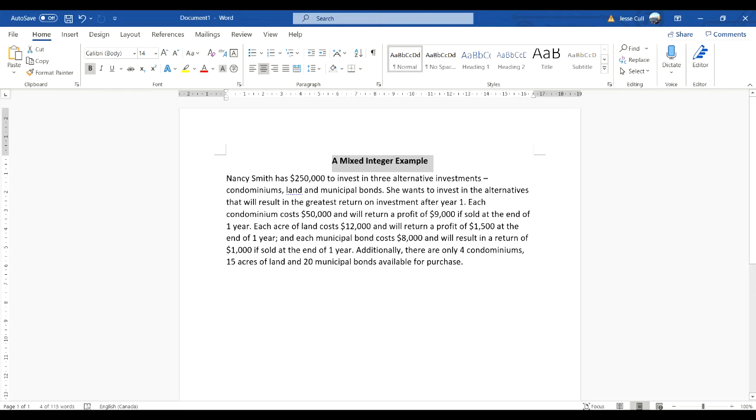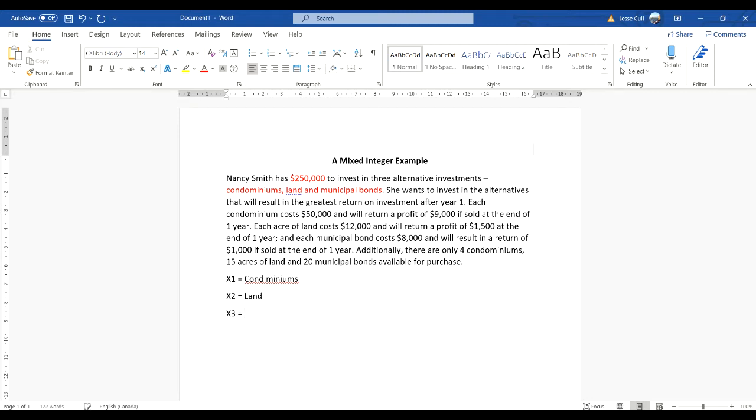Nancy Smith has $250,000 to invest in 3 alternative investments. So here we know right away that we have how many decision variables? 3. X1 equals condominiums. X2 equals land.